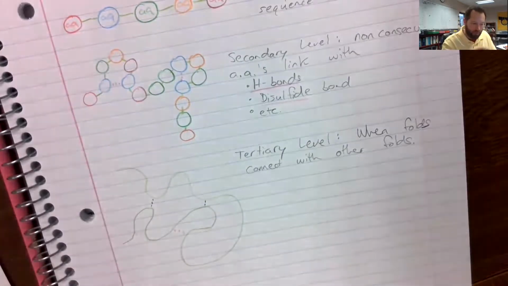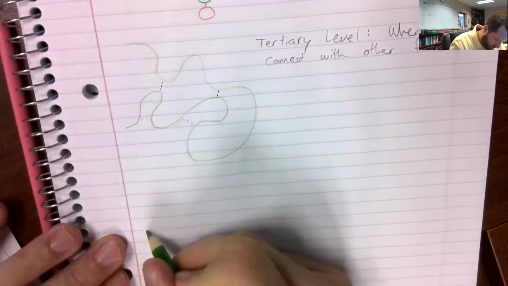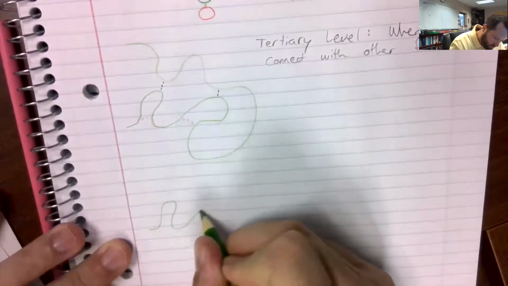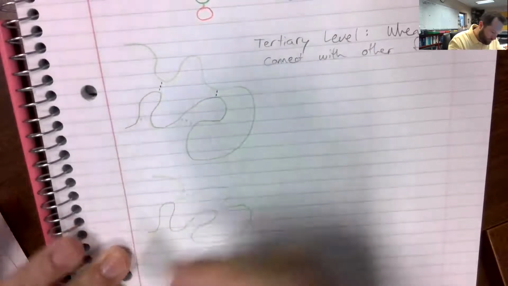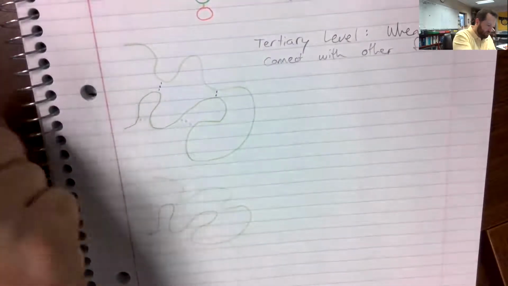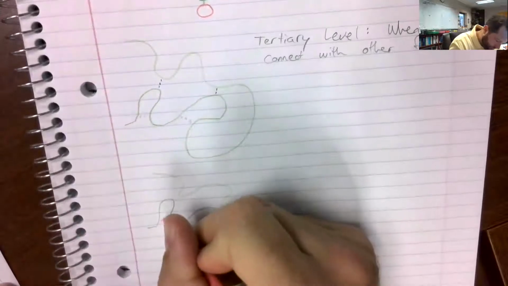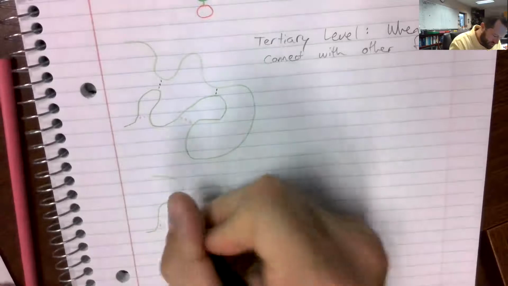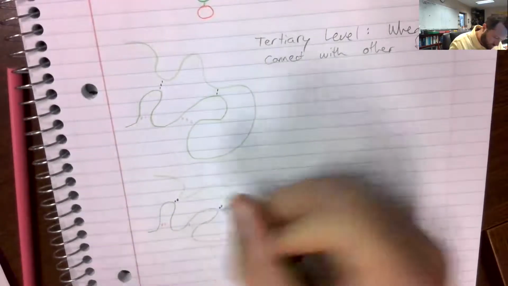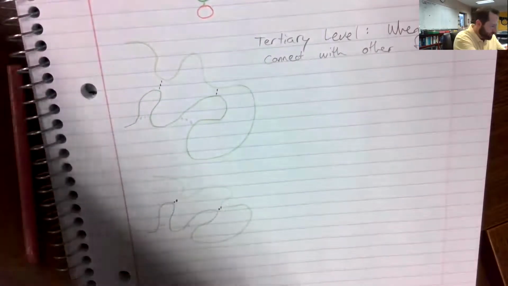Finally, we do have one more level, although this doesn't happen for every amino acid. So here's the one we were just looking at. This was our tertiary folding, where folds interlap with other folds.